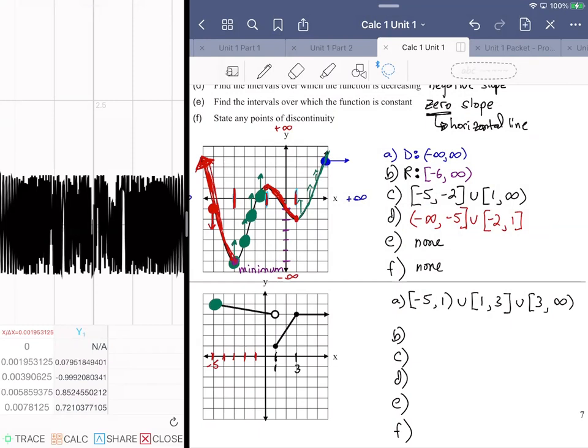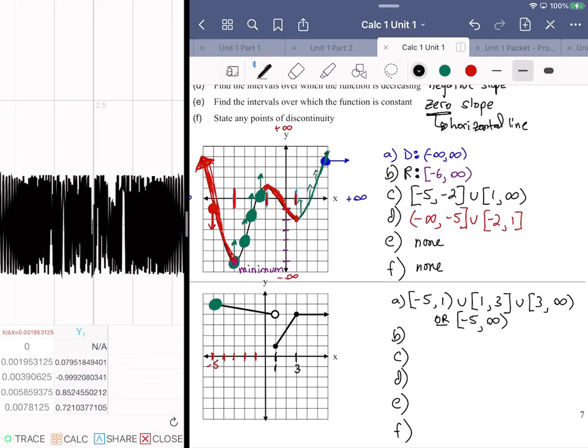We're not skipping over any values of x from -5 on the way to infinity. So we could say -5 to infinity, because every single x value in that interval is included. Yes, there's a discontinuity along the way, but we'll address that later.